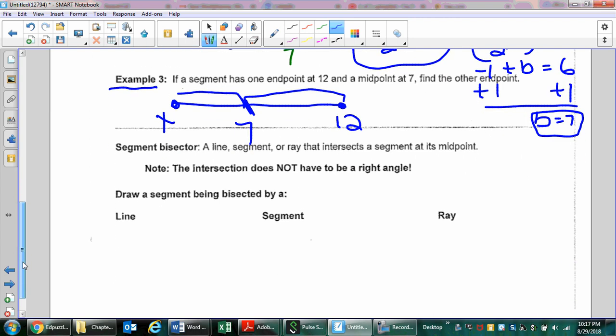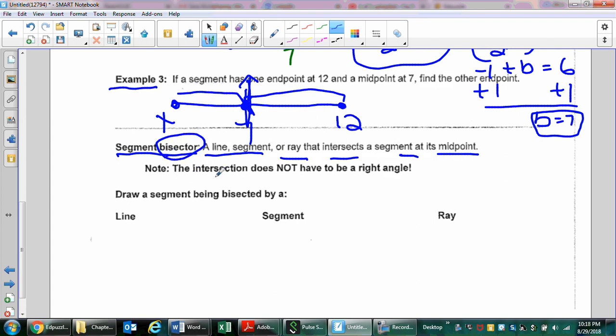All right, so segment bisector. It's a line, segment, or ray that intersects a segment at its midpoint. So we know 7 is the midpoint. If I draw a ray like this, or just draw a line, and it bisects, it's cutting it in half.